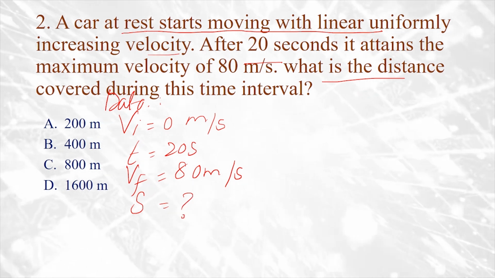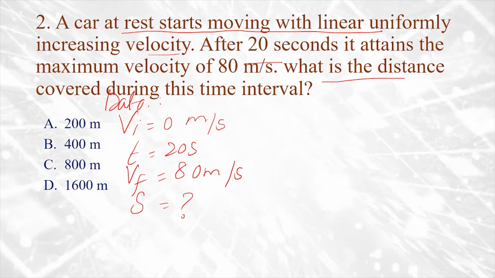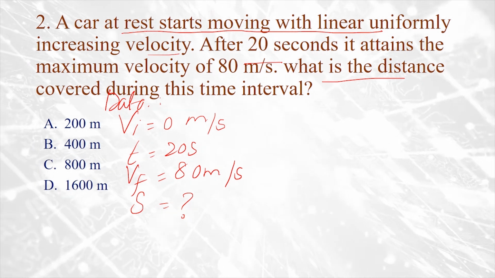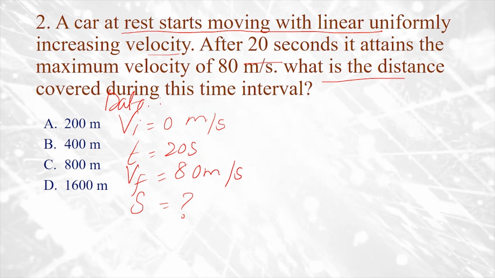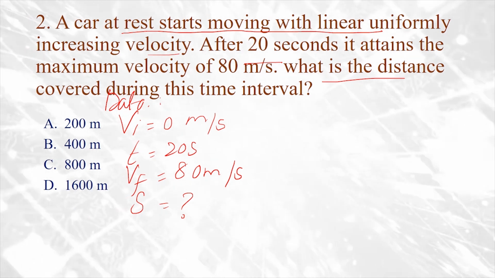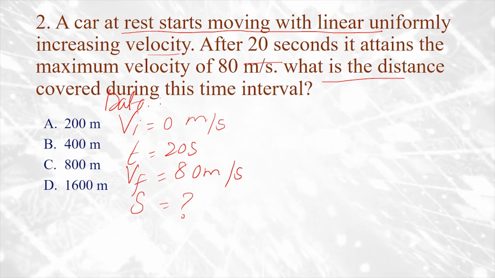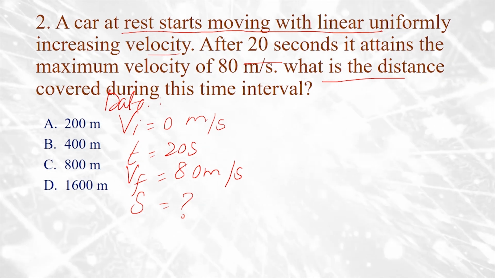If you recall your previous concept, we can use 3 equations of motion here, and only 2 equations of motion contain the distance, which are the second and third equations of motion, and both equations have the acceleration in them, which is unknown here. So first of all, we have to find the acceleration, and after that we can use either equation to find the distance.